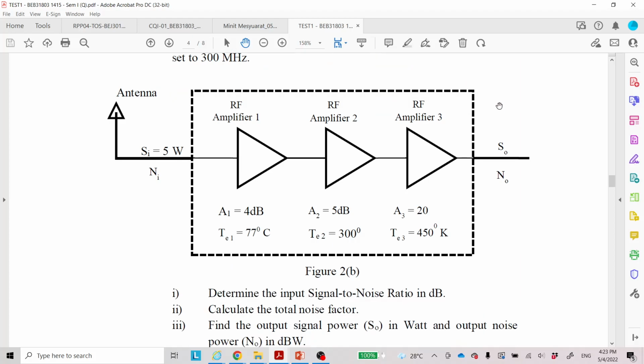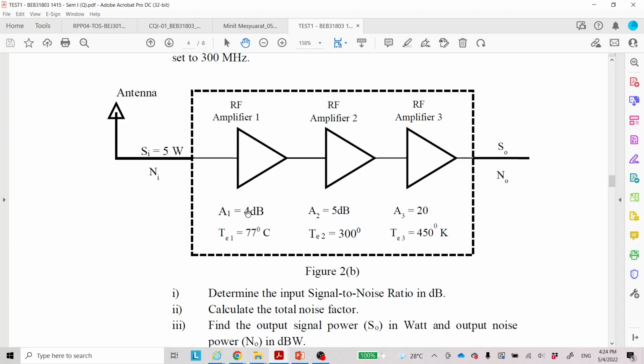It has an input signal power of 5 watt. Input noise is not given. You have 3 amplifiers, RF1 until RF3. Output SO and NO are not given. You are given A1, A2 and A3, and then TE1, TE2 and also TE3.